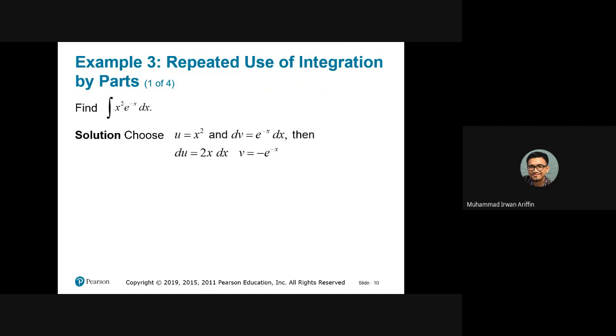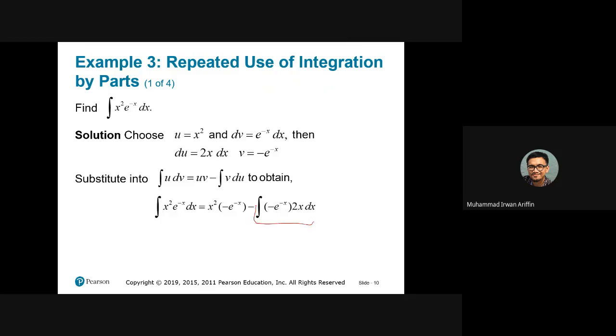This example basically requires you to do the integration by parts two times, because when you do it for the first time, the second term here is still complicated. This is a product of x, a term with the base of x, and an exponent.